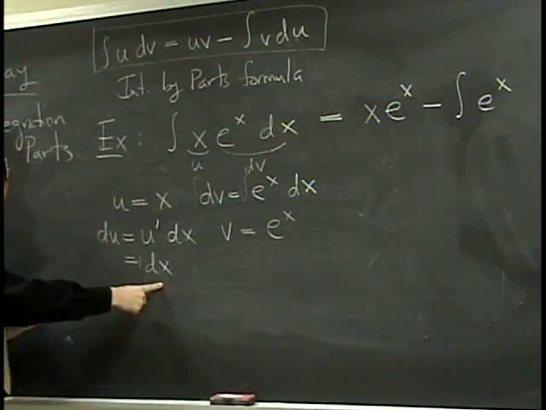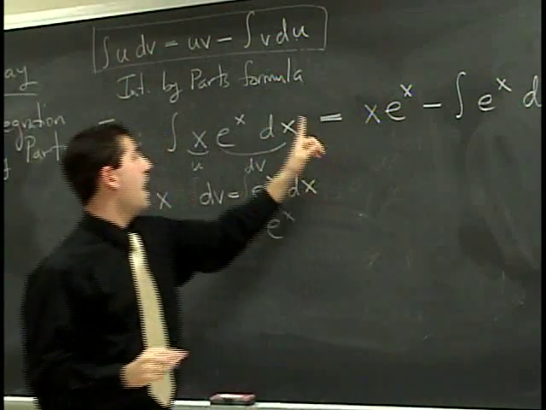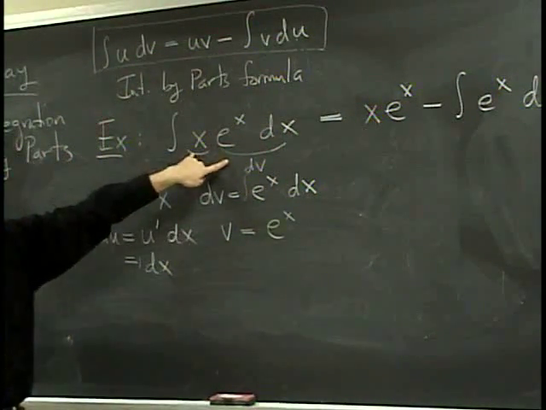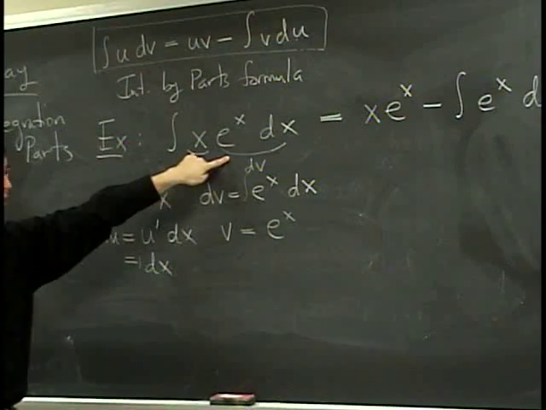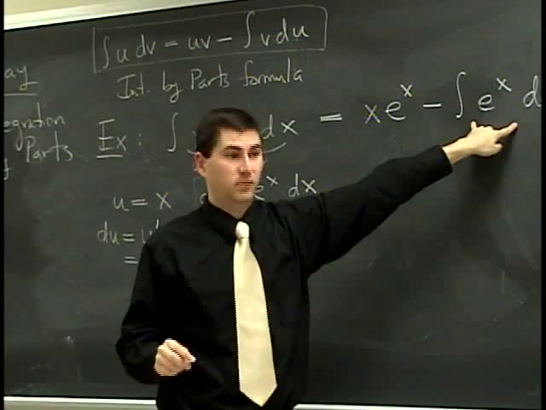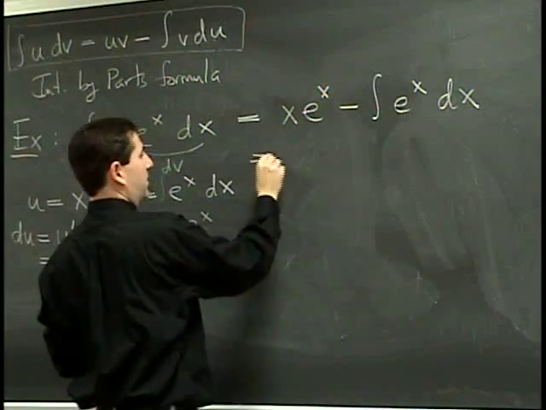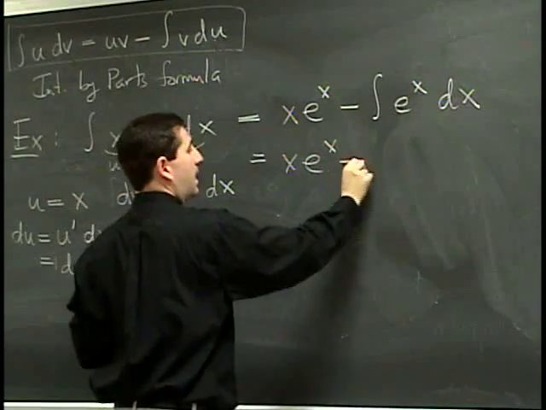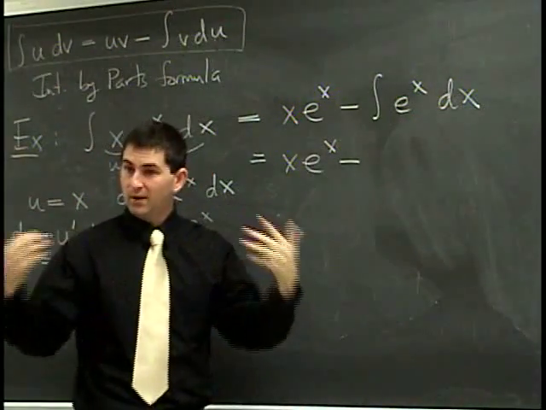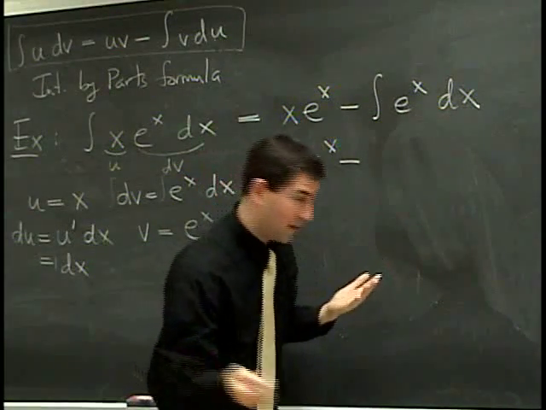But du is just dx. And lo and behold, I've replaced my very difficult integral, which we don't have a clue how to do, with a longer expression which contains an integral that we definitely know how to do. So now write this as x e to the x minus, and what's the integral of e to the x? e to the x plus C.